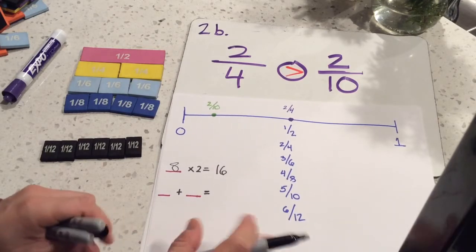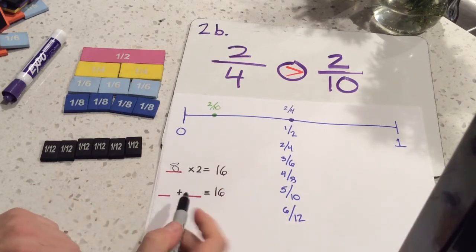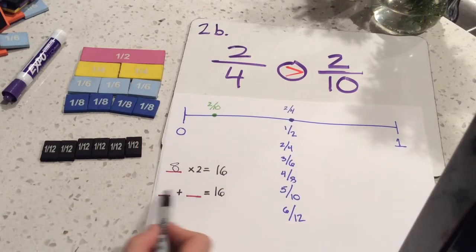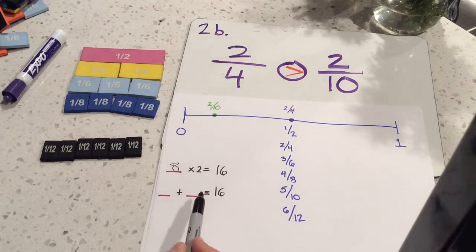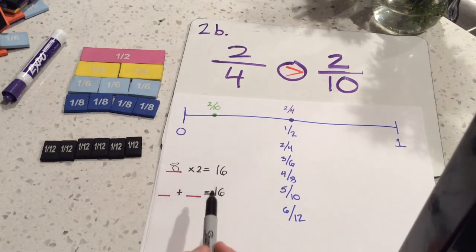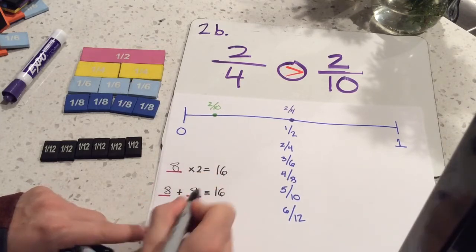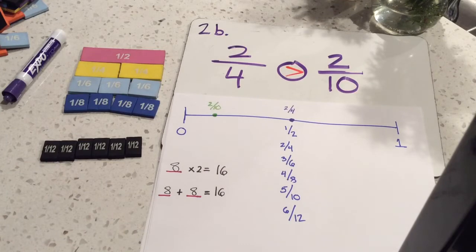Another way to think about this, again, if my denominator was 16, I could ask myself, what plus what? It needs to be the same number. It might be hard to tell, but I'm using the same color that's underlined here. I need the same number that when I add it together will give me 16. And again, I know that 8 plus 8 is 16.